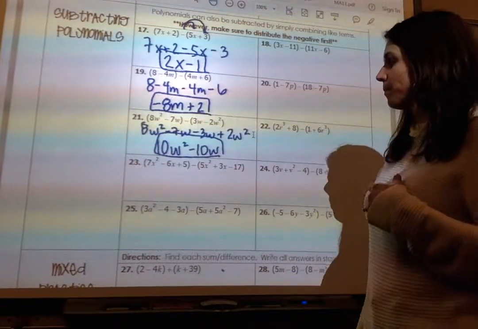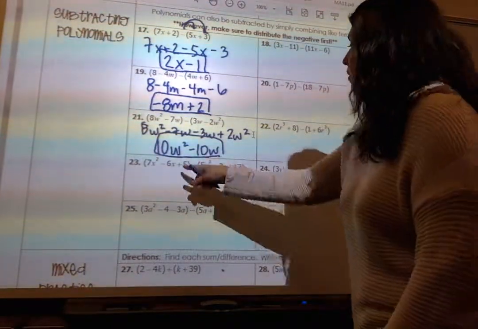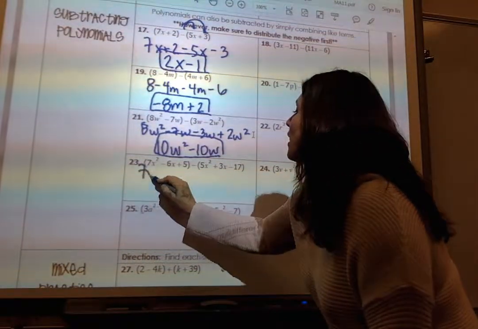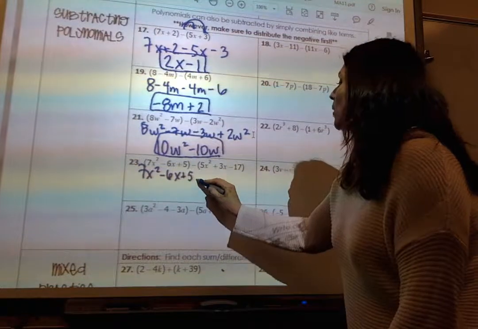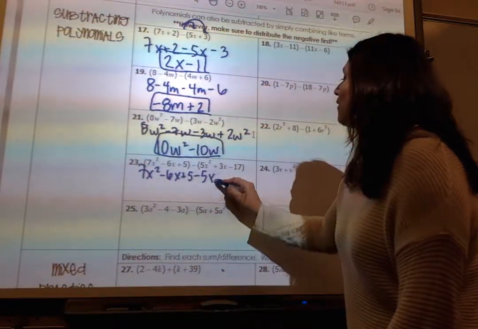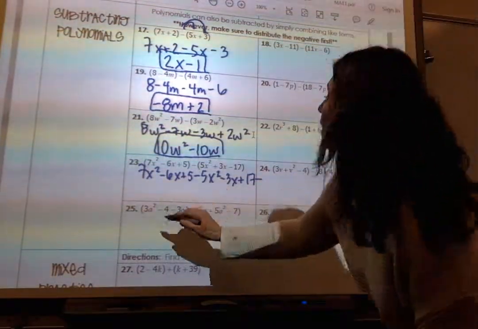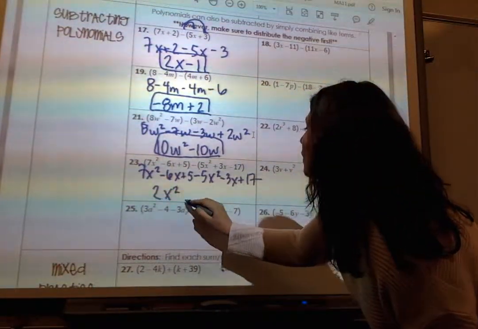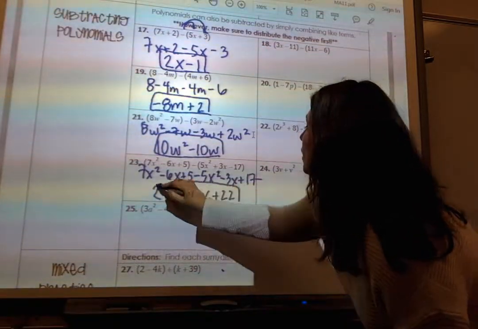Box my answer. 23, still polynomial, it's just a trinomial because I have 3 terms. So 7x squared minus 6x plus 5 remains the same. And when I distribute this negative, I get negative 5x squared minus 3x plus 17. So when I combine, I get 2x squared minus 9x plus 22.